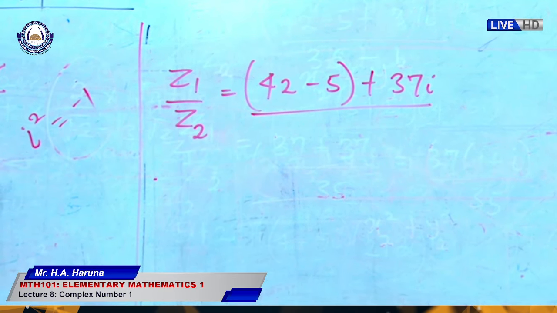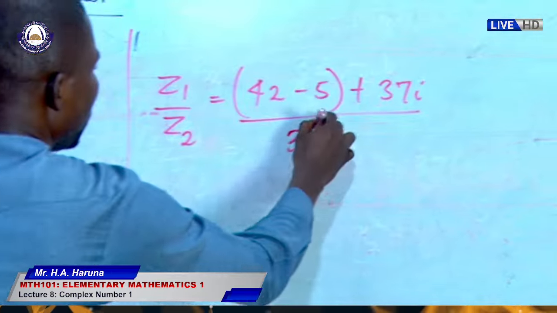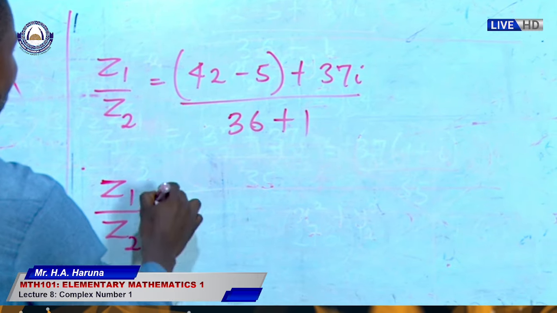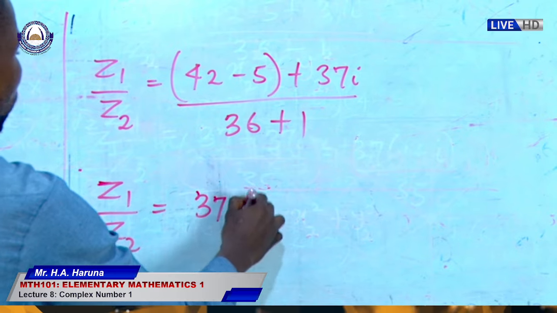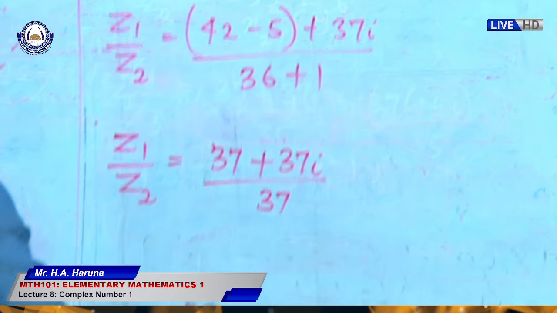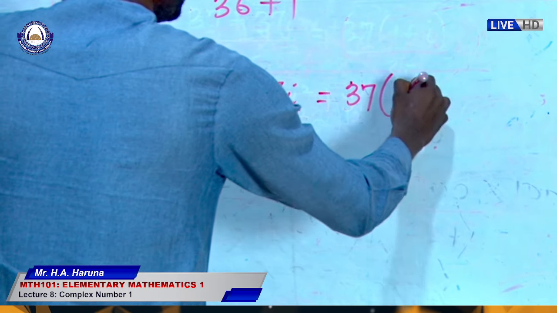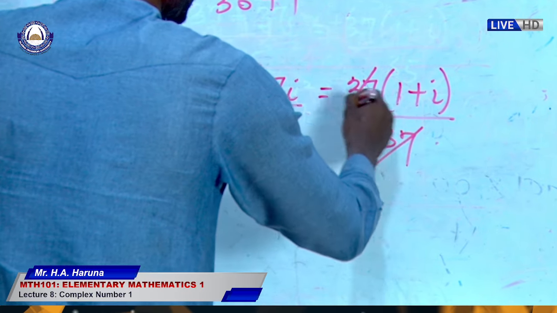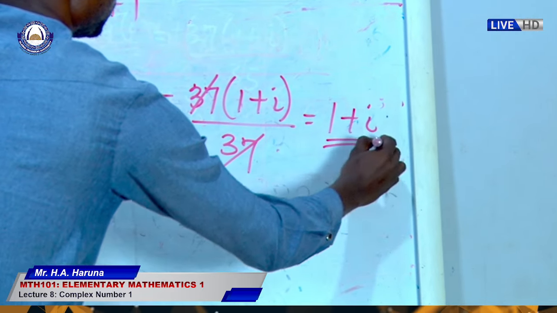Recall that this is plus 1 because i squared is negative 1 multiplied by this negative, so we have 36 plus 1. Z1 over Z2 equals 42 minus 5 is 37, plus 37i over 37. So you can factorize it. So 37 into 1 plus i over 37. So this will cancel out. The answer is 1 plus i. That's the final answer there.